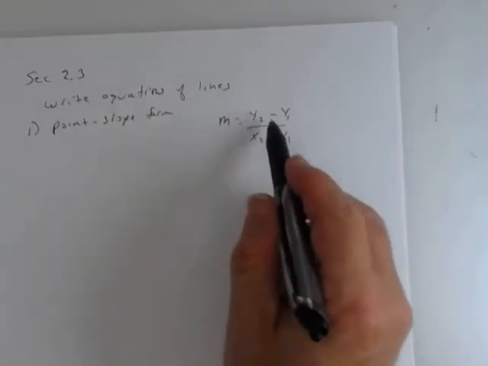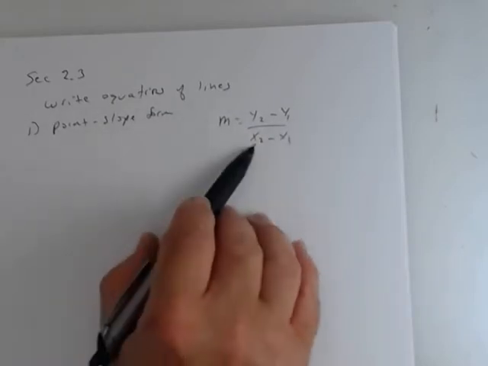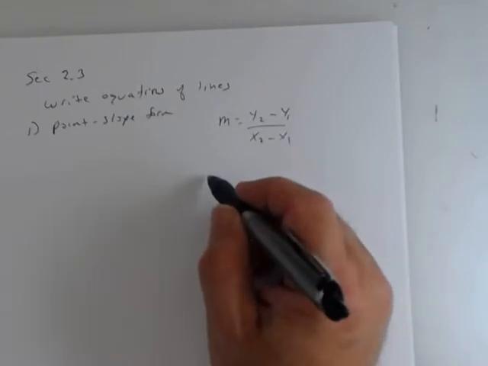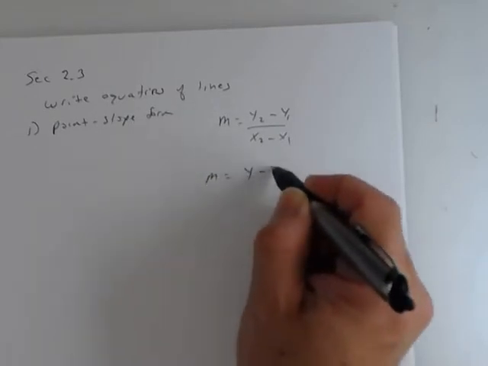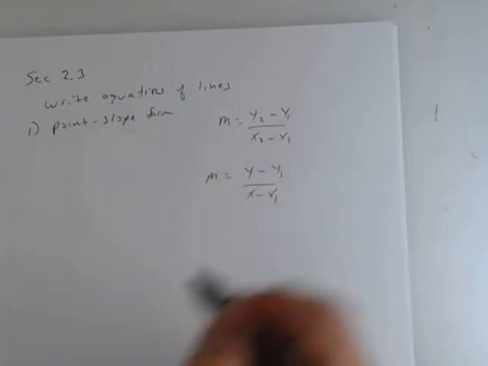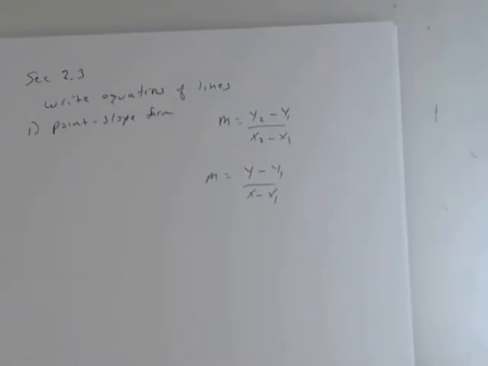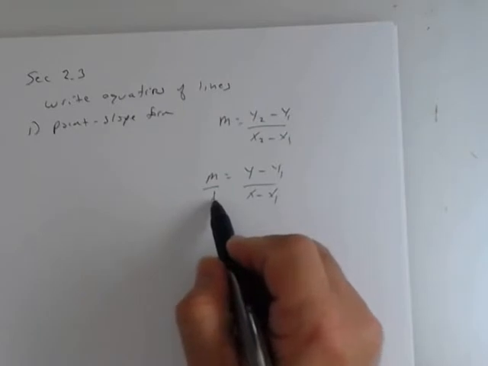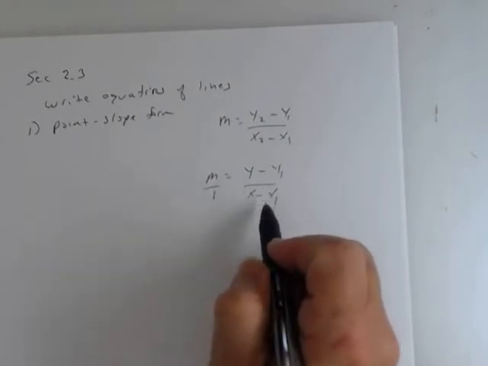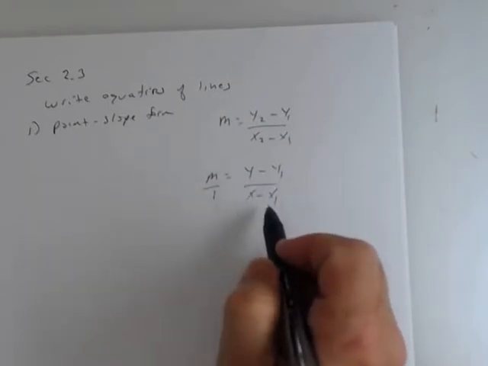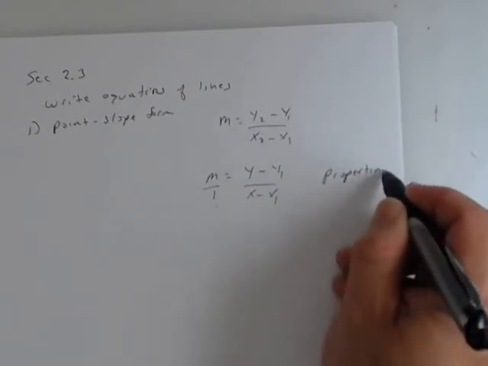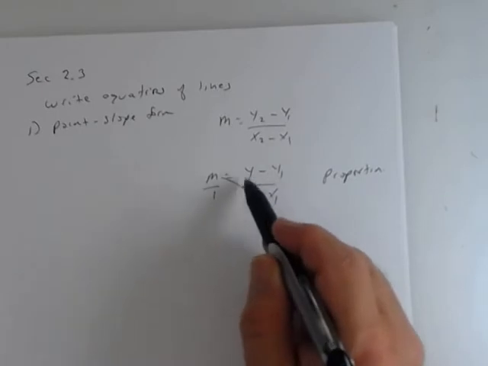Okay, so point slope form comes from this, except instead of using y2 and x2, we're just going to say y minus y1 over x minus x1. So we're just going to say that instead. And then remember in a previous course, when you have a fraction equal to a fraction, this is a proportion. And you can solve a proportion by cross multiplying.